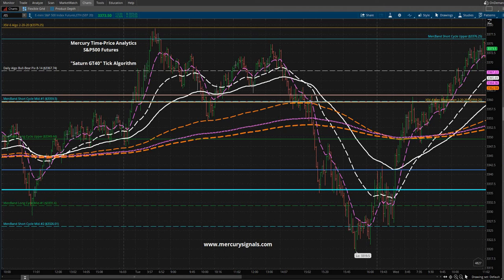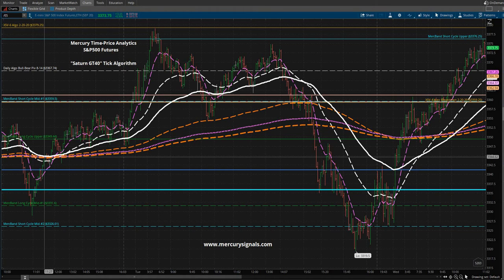Now, before we get into that, the third and fourth derivatives here, just real basic concepts. I talk a lot about algorithmic clusters. You can see how all these algos come together. Now, these algos run on very, very different time cycles. You can see how wide apart they get at times. But right here, they cluster together.